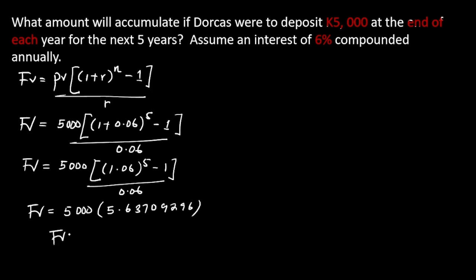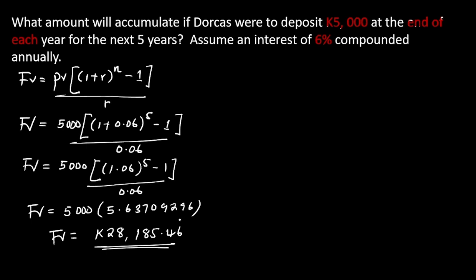Such that when you multiply that with the 5,000, you are going to get something like 28,185.46, meaning that will be the future value after 5 years if this person was depositing 5,000.